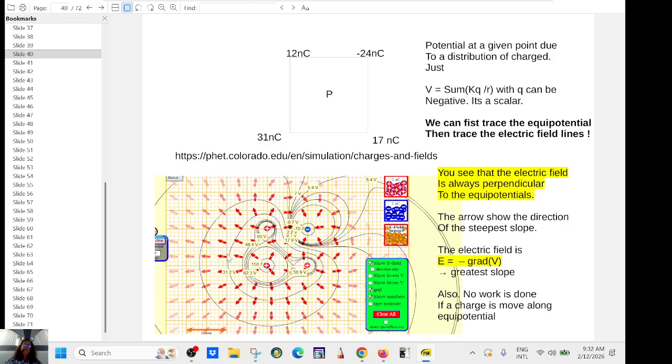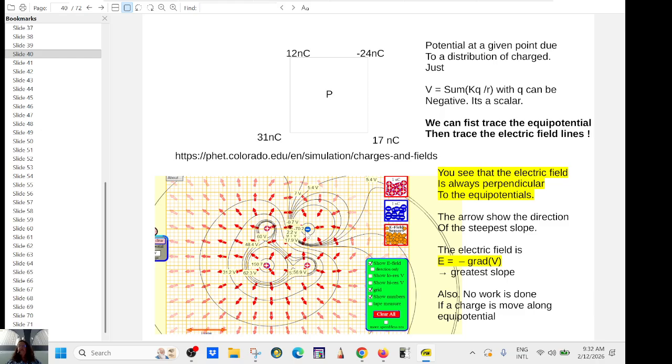You see that the electric field here is like a conservative force. It wants to lower the potential energy as much as possible. The electric field here is a vector field, and it is always perpendicular to the equipotential. You see, it's always perpendicular.